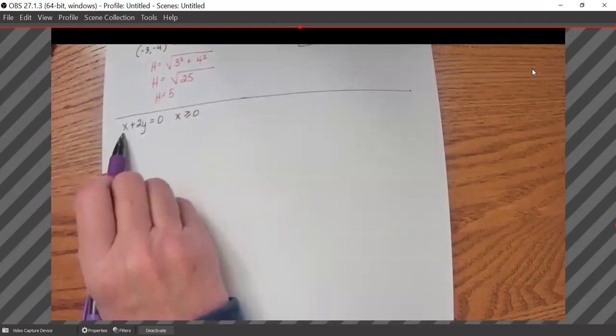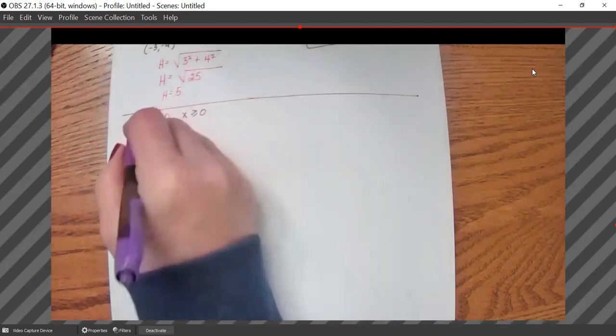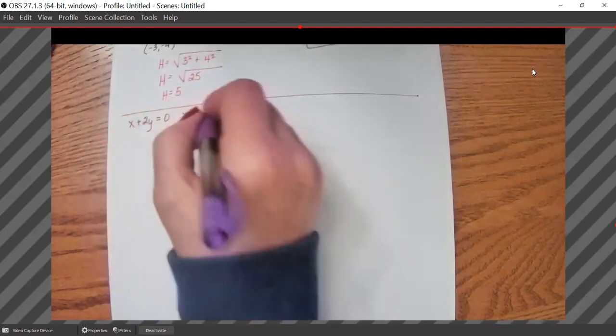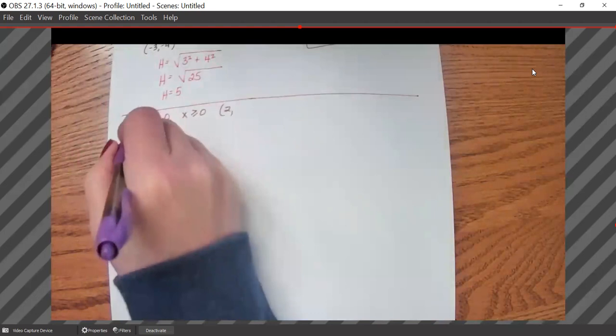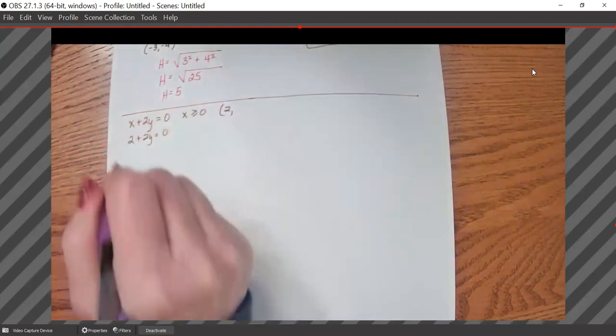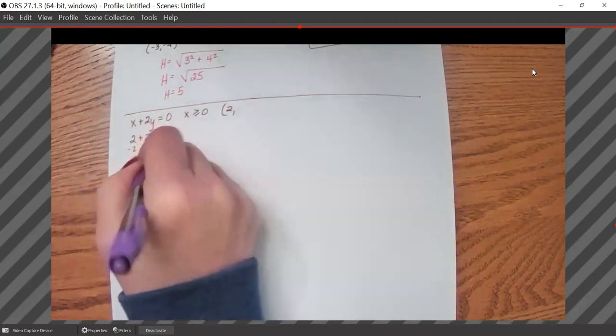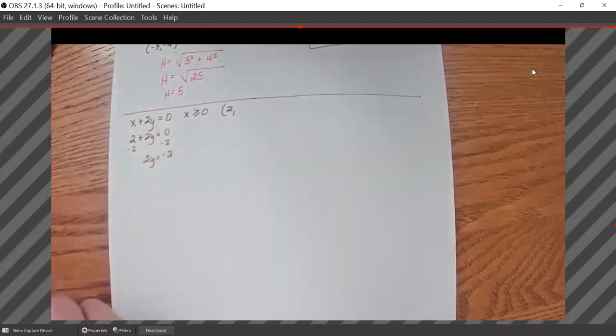Let's pick a value for x. Let's pick something bigger than 0, an easy value to use. So let's pick x is 2. 2 plus 2y equals 0. Subtract 2 from both sides. 2y equals negative 2.